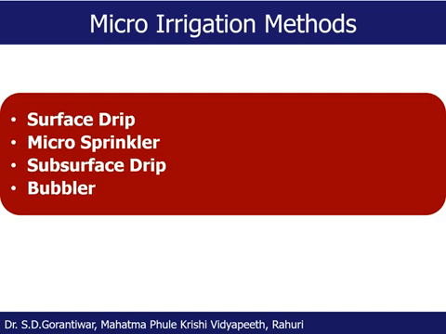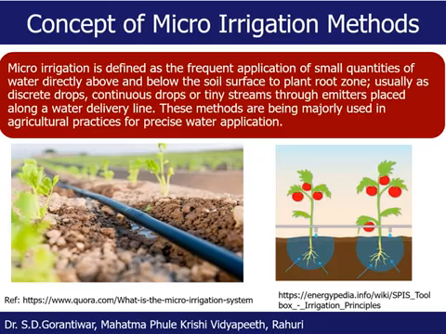But of course first we'll see the principle of the micro irrigation. As the name itself indicates, micro irrigation method means we apply water in a small quantity, micro quantity, unlike in case of the surface irrigation method or sprinkler irrigation method.